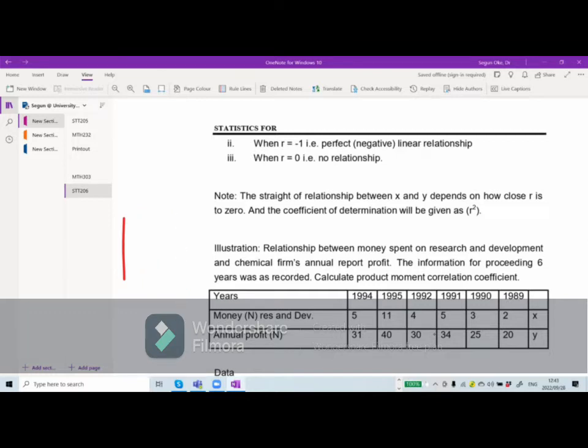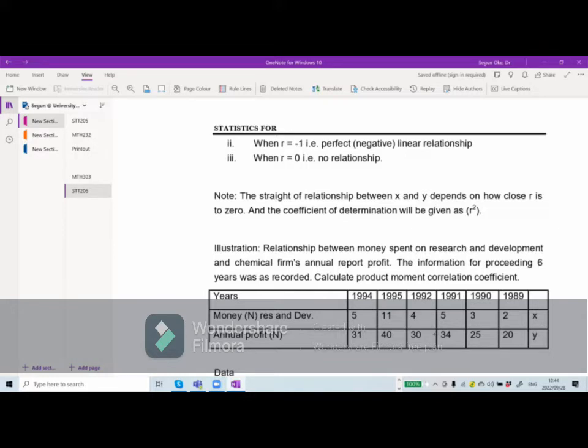Put your X, put your Y. You know the year already. Draw the year also, so that when I'm explaining it, it will make sense to you. We have year. Let's start from year X. Your Y is 5. The same year, your Y starts for money. They call it money and development.